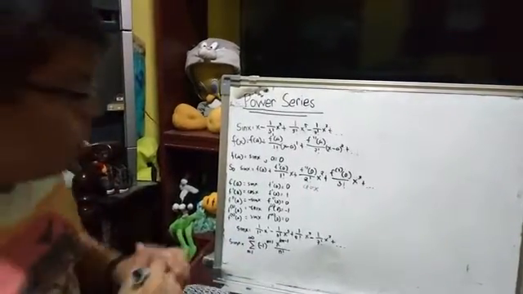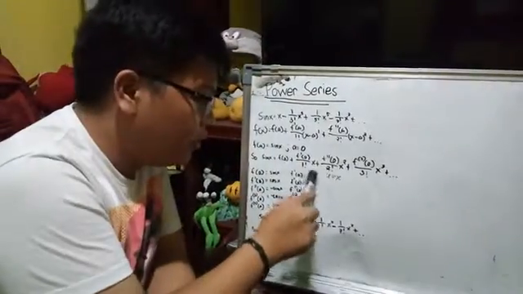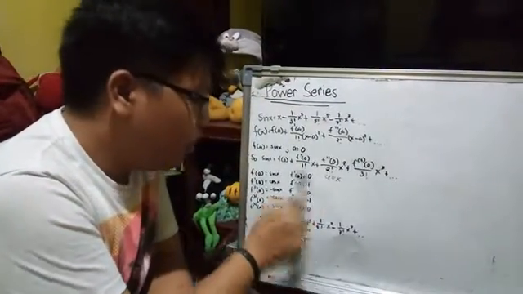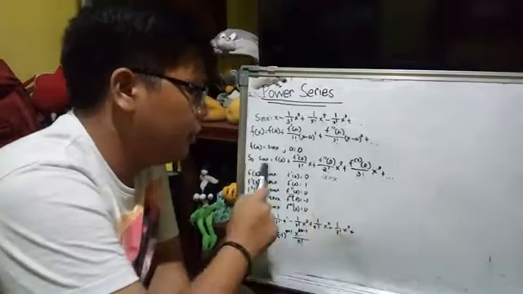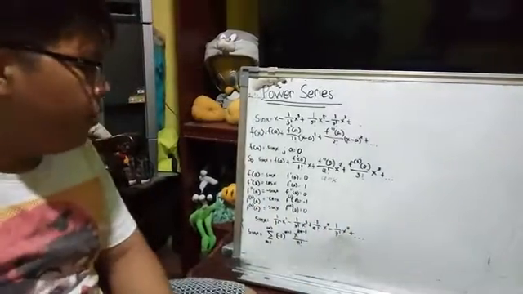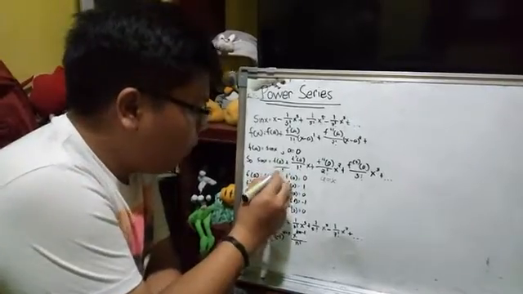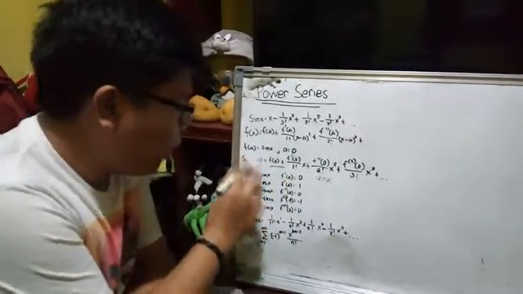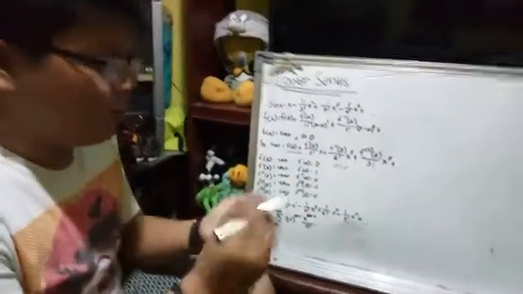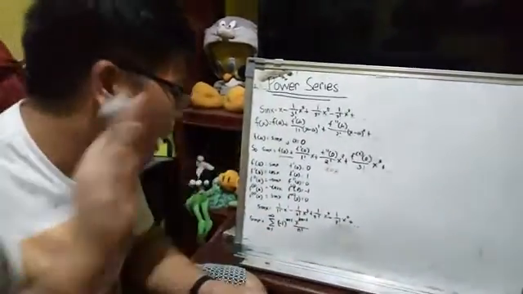Now we're going to substitute these values in this equation. If you substitute the function of a, which is 0, so you don't have to write it.